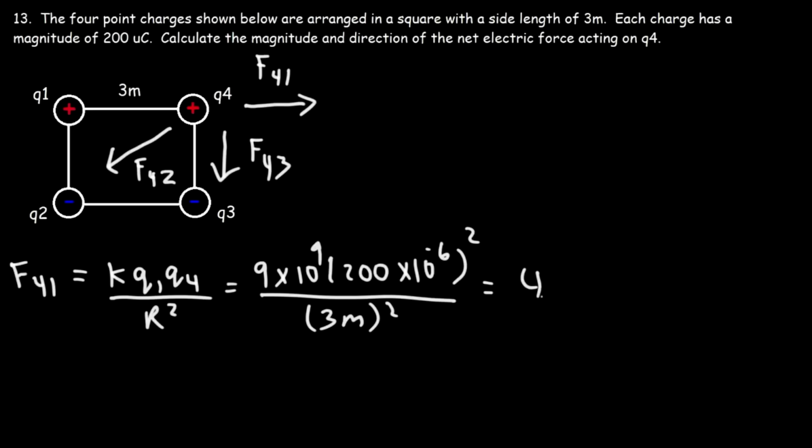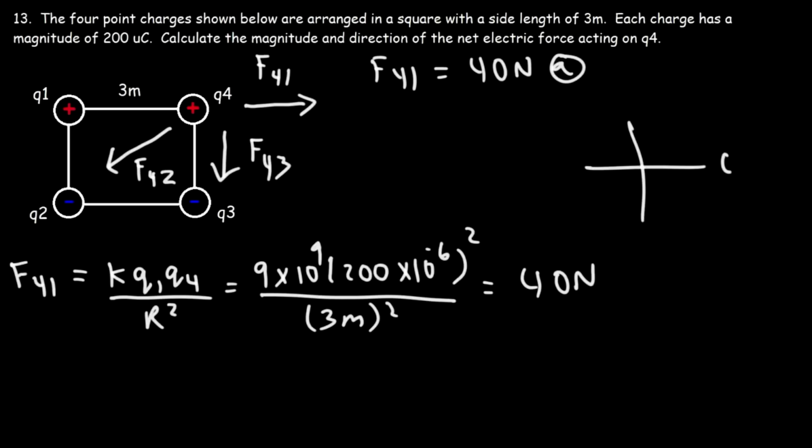So this is going to be 40 newtons. So I'm going to write it above here. F41 has a magnitude of 40 newtons, and the direction, notice that it's east. So let's say east is 0, north is 90, west is 180, south is 270. So it's directed east at an angle of 0.